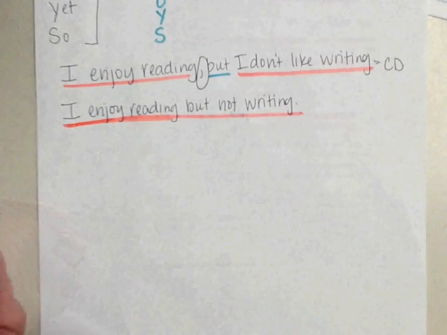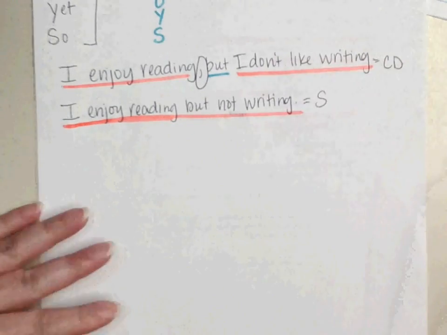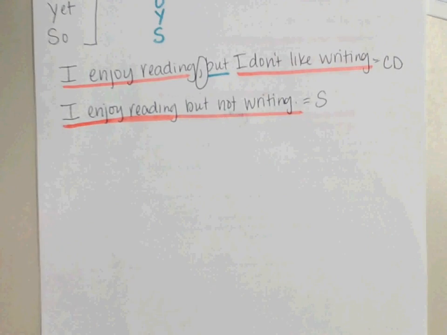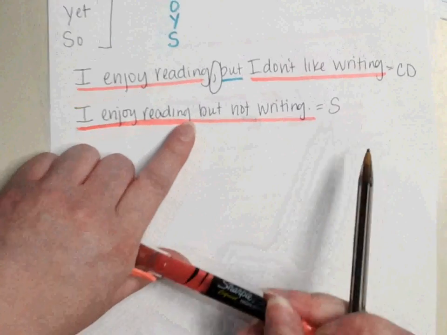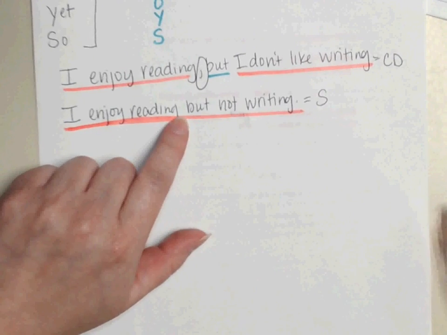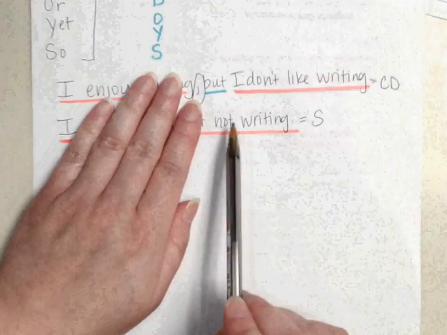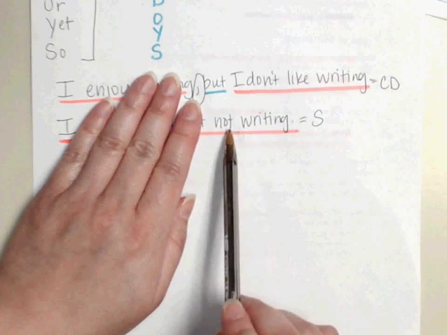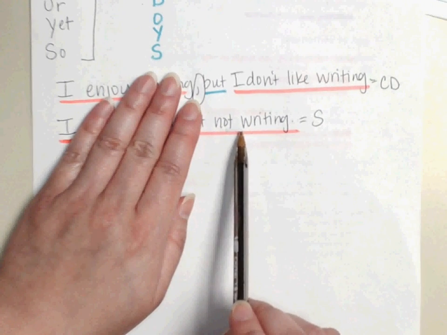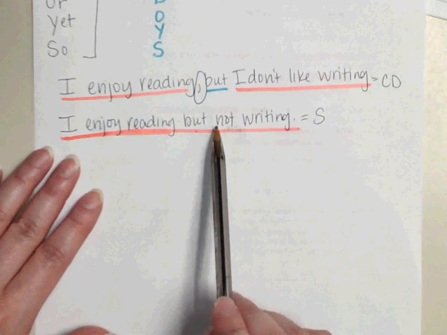Am I going to blow your mind if I do this? And this becomes a simple sentence? There's no comma. Why is there not a comma? This is where most of you are making your mistakes. Correct. There is not two independent clauses. A lot of people say, I enjoy reading, and then not writing. Can not writing stand by itself?